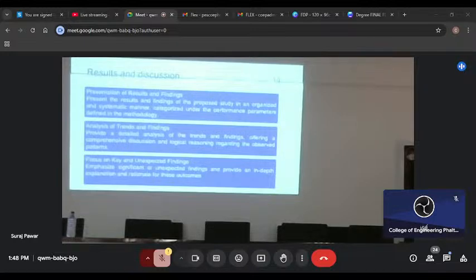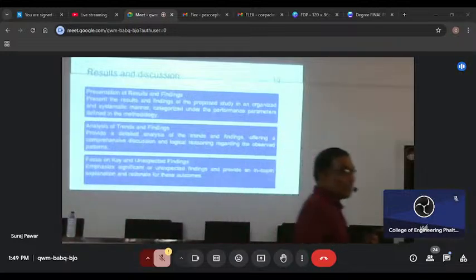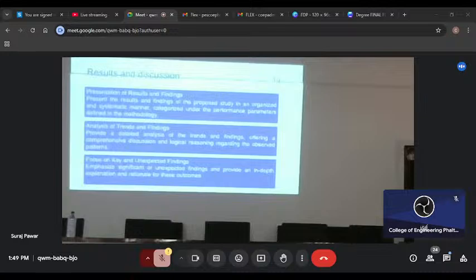Present the results and findings of the proposed study in an organized and systematic manner, categorized under performance parameters defined in the methodology. In the methodology, you are writing that output in terms of power will be measured.